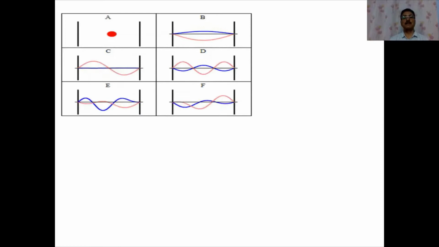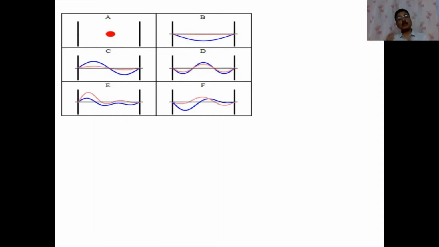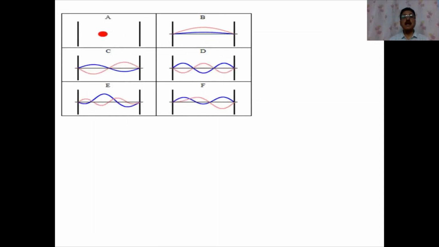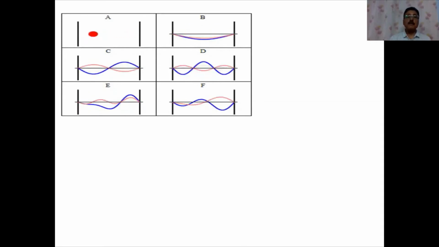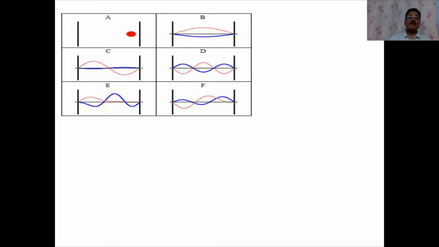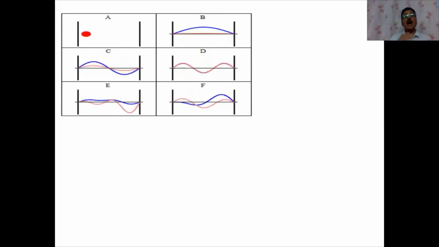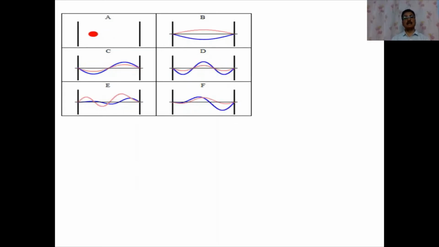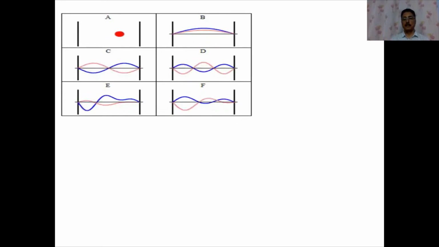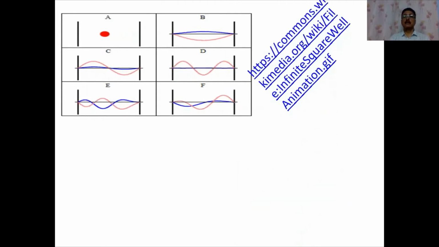This is a classical picture. And if we go to quantum mechanics, you can see B, C, D, etc. What do we see? If we associate a wave with the particle, then the wave functions associated with this particle are going to be plotted like this, and these wave functions will behave like this. You can see from here.